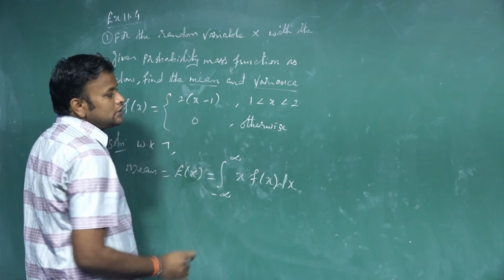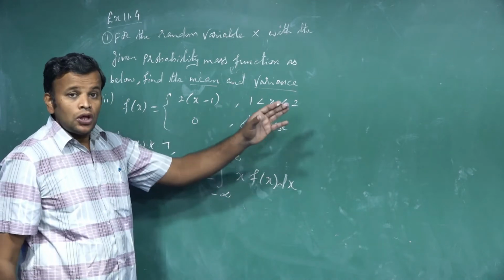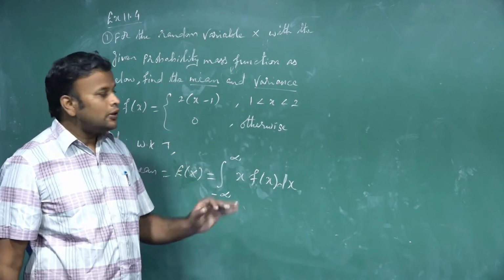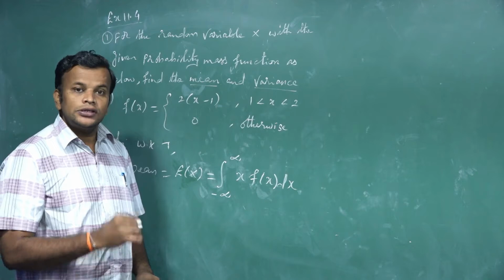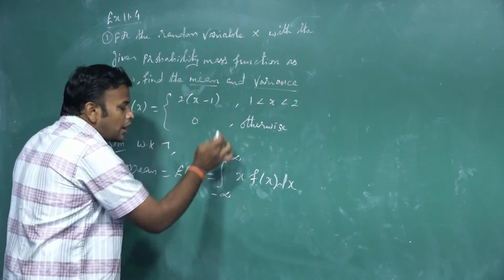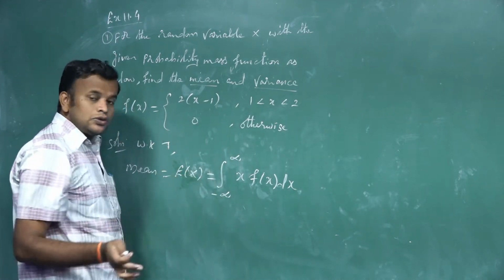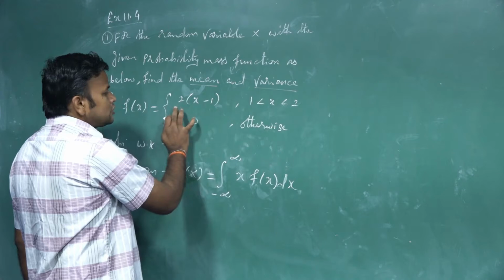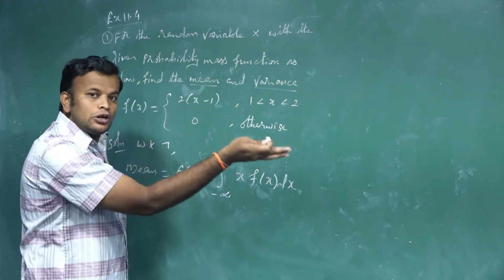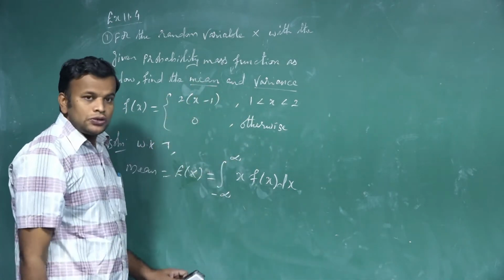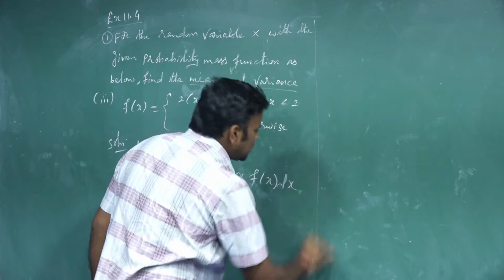You see here x lies between 1 to 2. We already told that in a continuous random variable, less than is nothing but less than or equal. So from minus infinity up to 1, f of x value is 0. From 1 to 2, f of x value is possible. And from 2 to infinity, again the value becomes 0. This is for our understanding, right?